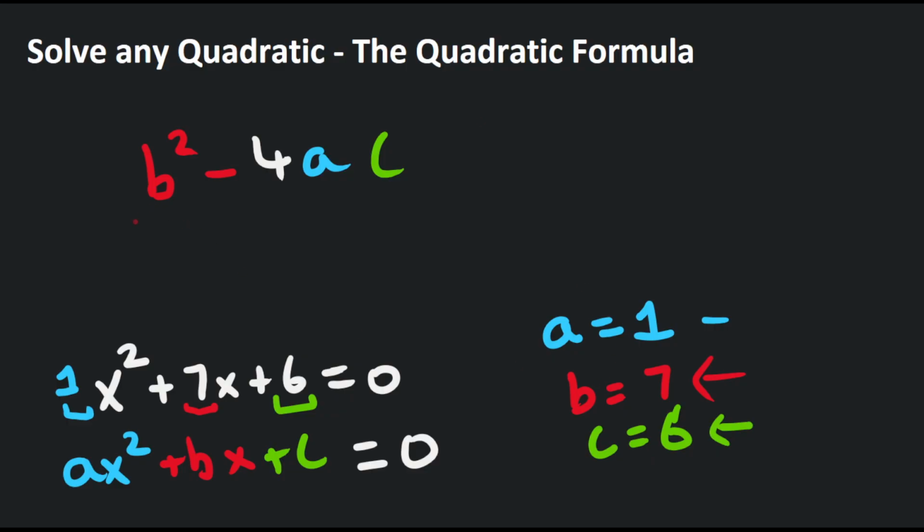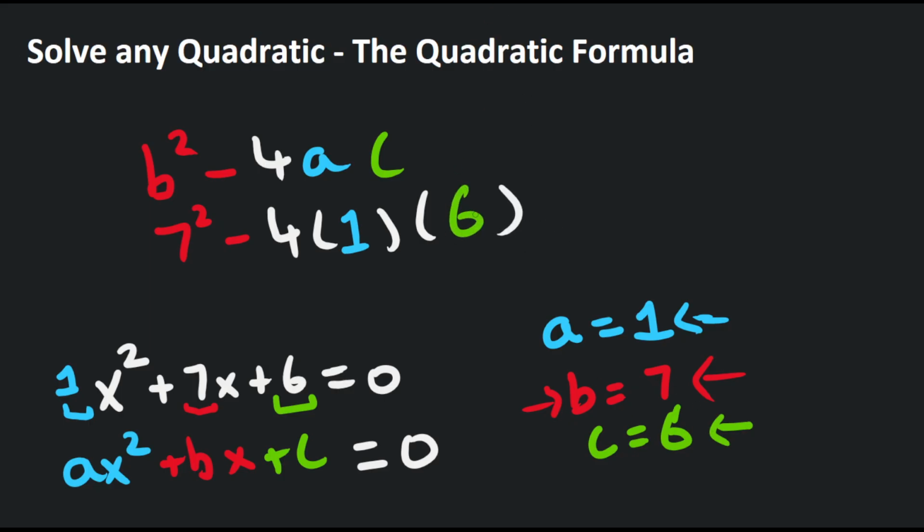So let's go ahead and substitute. What's our b? Our b right here is 7. So 7 squared minus 4 times, and what's our a? Our a is 1. And then times c, what's our c? Our c is 6.